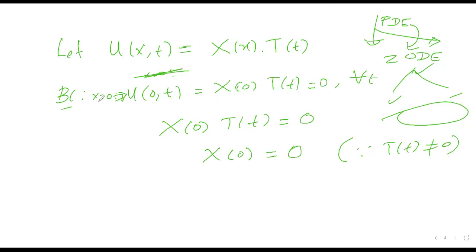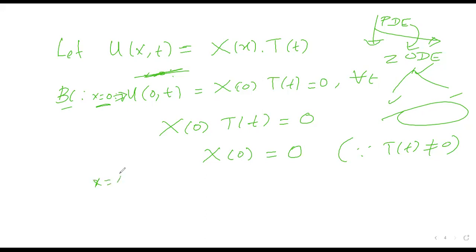Okay, so from one of the boundary conditions, I have taken the idea X of 0 is equal to 0. Hope you all are writing with me. Now what is the case?